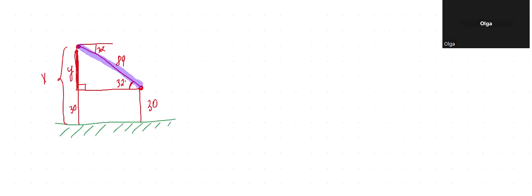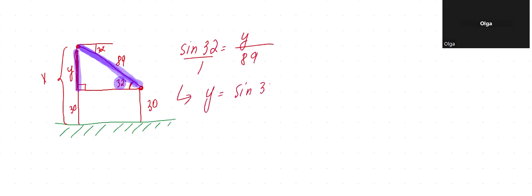So that's the plan. In terms of this angle, we have the opposite leg and we have the hypotenuse. So that's sine. Sine of 32 is opposite over hypotenuse. Use a proportion. So y equals sine of 32.